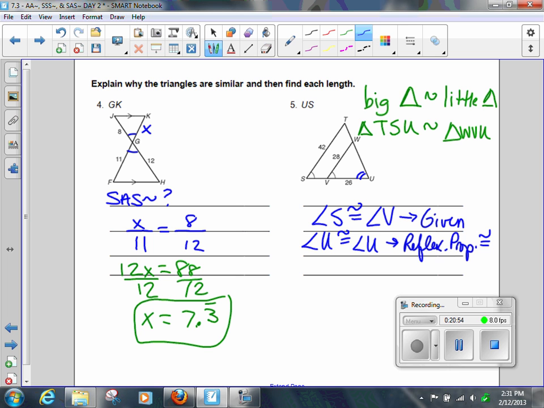Ain't that something? Don't we love them? So that means triangle TSU is similar to triangle WVU by what? Angle similarity. Folks, does it make sense?